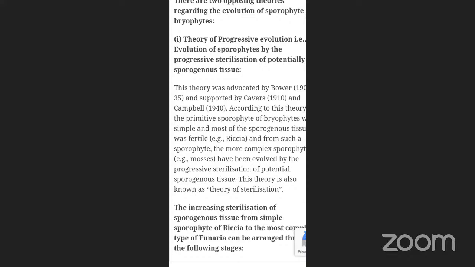These sterile cells take on the functions of nutrition, dehiscence and dispersal. This hypothesis of Bower is known as the theory of sterilization.